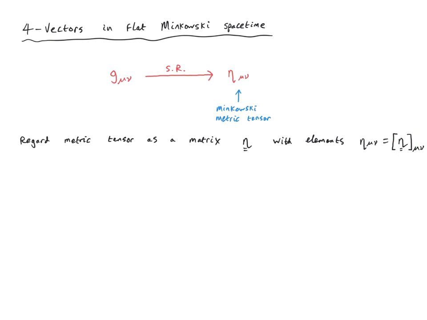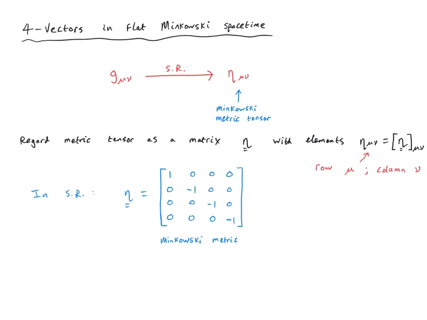In particular, eta mu nu corresponds to the muth row and the nuth column. In special relativity, this takes the special form where the eta matrix is this diagonal symmetric matrix with ones or minus ones on the diagonal.